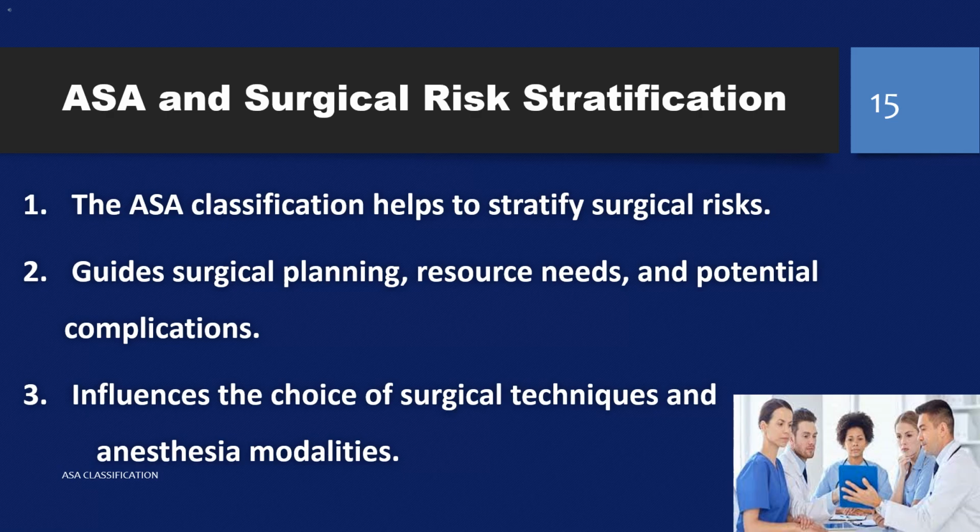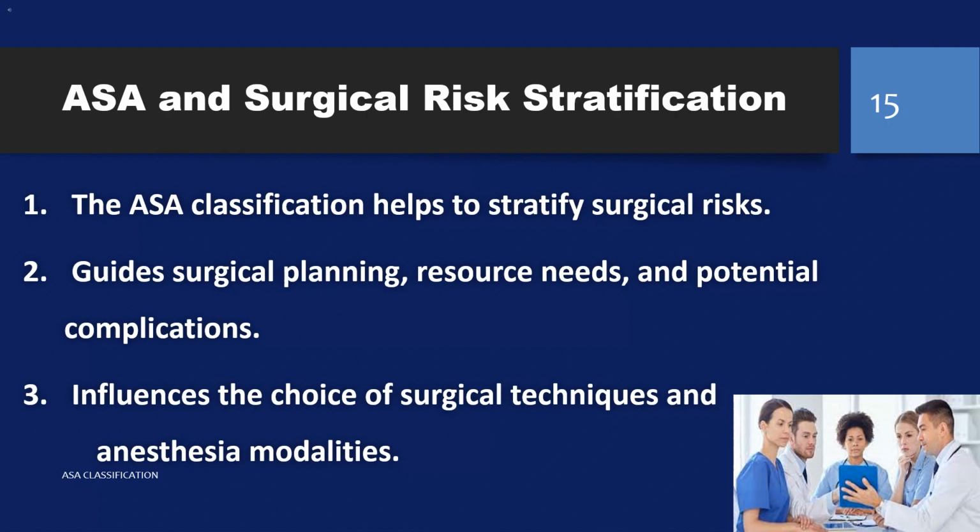Stratifying surgical risks. Risk assessment: the ASA classification helps to assess the risk of surgical complications based on the patient's physical status. Identifying high-risk patients: it enables healthcare providers to identify patients at higher risk for complications. Guiding surgical planning.